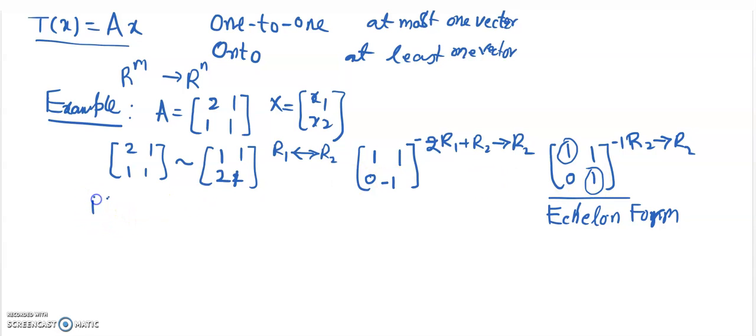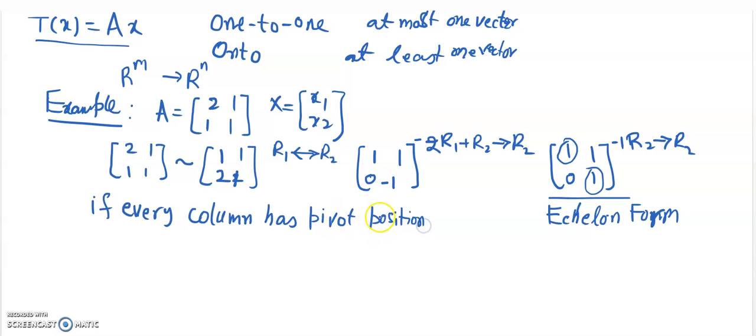So if every column has a pivot position, then the transformation will be 1-to-1.